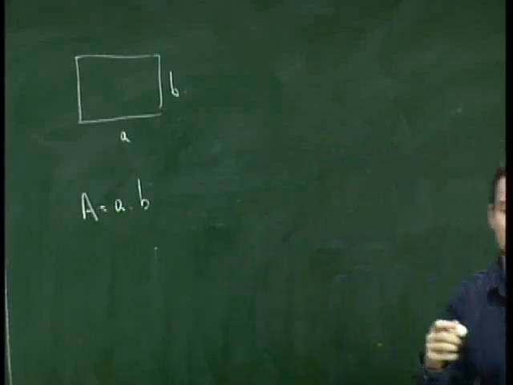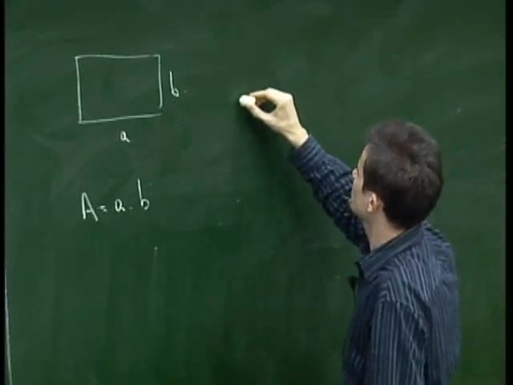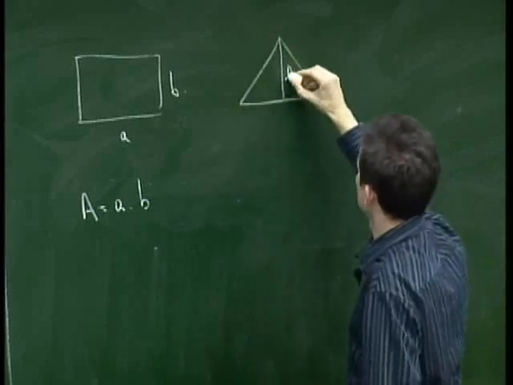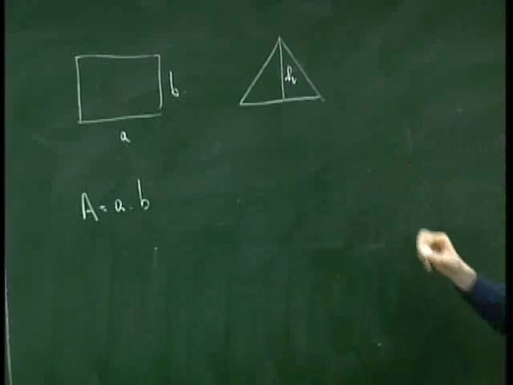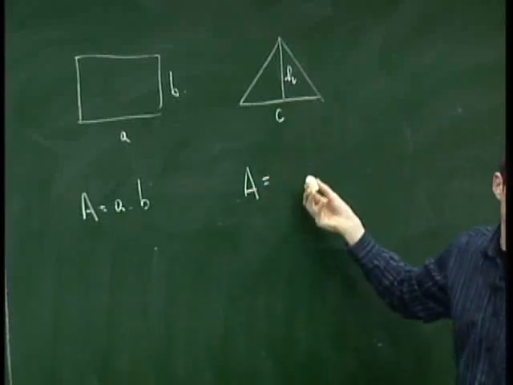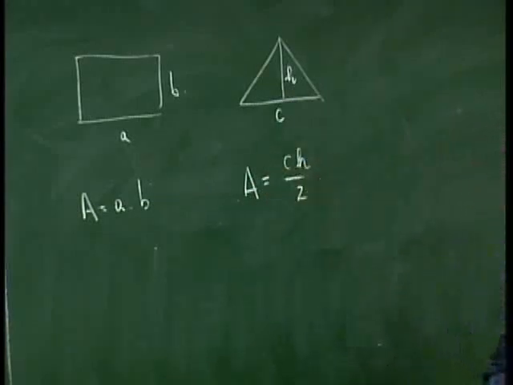It's pretty different. Now, the next case normally is, if you have a triangle, then you can define the area. Also, this is a definition. You define the area as C times H over two.